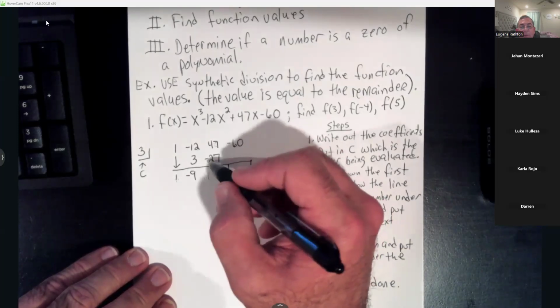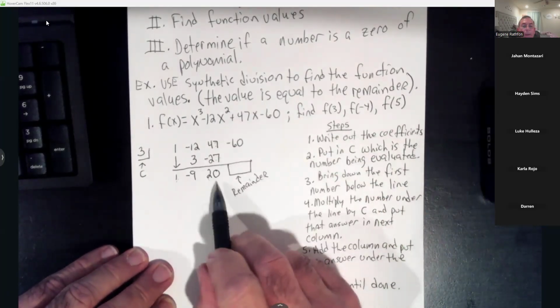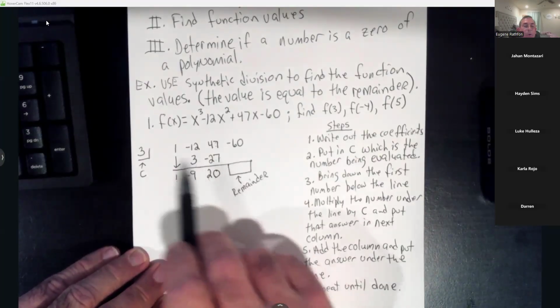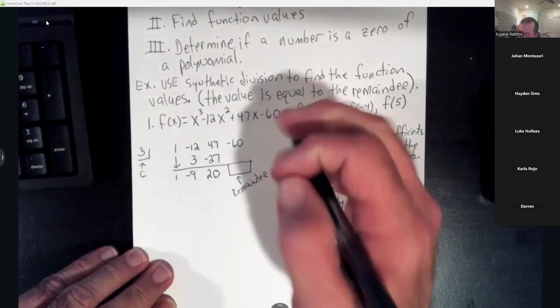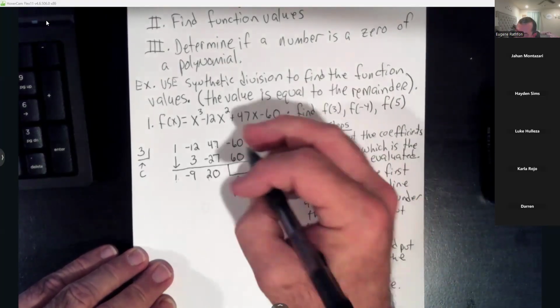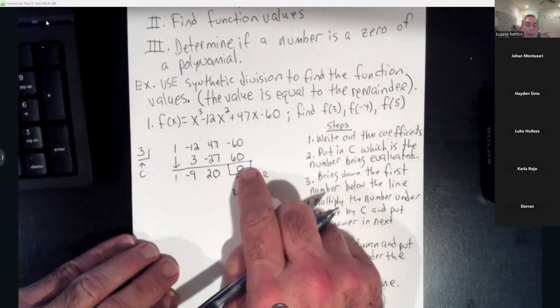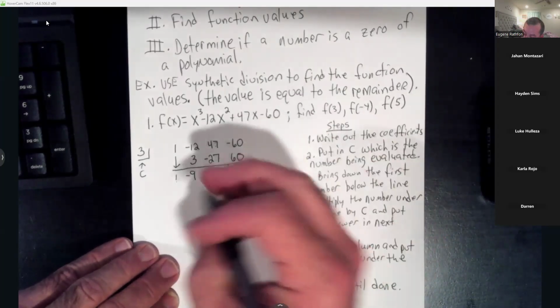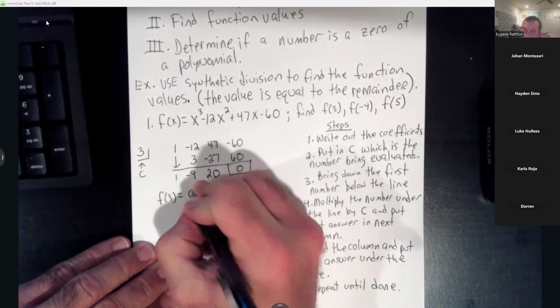So that's like 47 minus 27, which would give us 20. All right, it's below the line, so we're going to multiply by C to get the next column. So 20 times 3 is 60. And y'all look at that. Negative 60 and 60 give me a 0 remainder. So that means f of 3 equals 0.